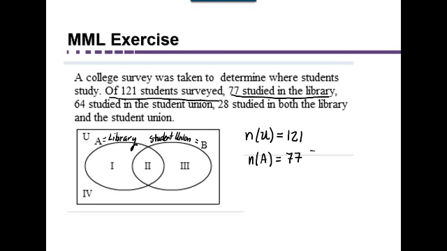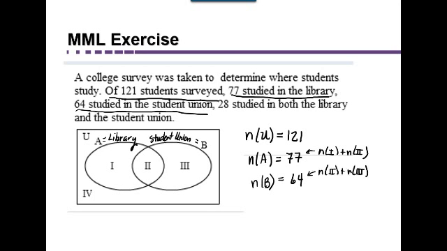So that's the total of the number in region 1 plus the number in region 2. All right, and then let's see what else they gave us. 64 studied in the student union. So the number in B, the number who studied in the student union, is going to be 64. That's the total of region 2 plus region 3, right? Because set B includes both.